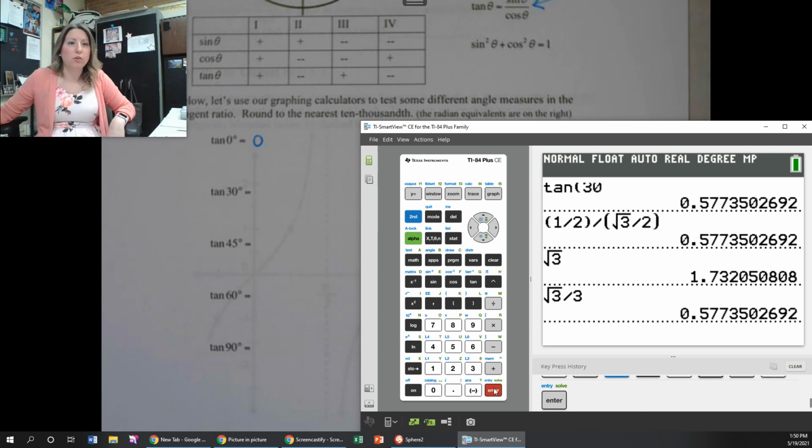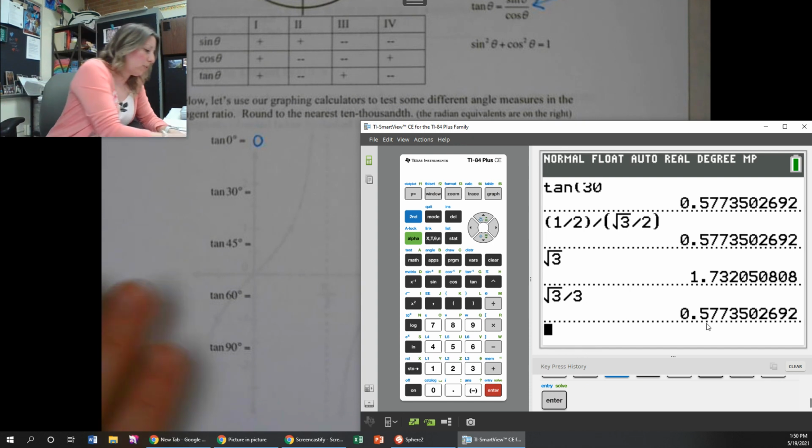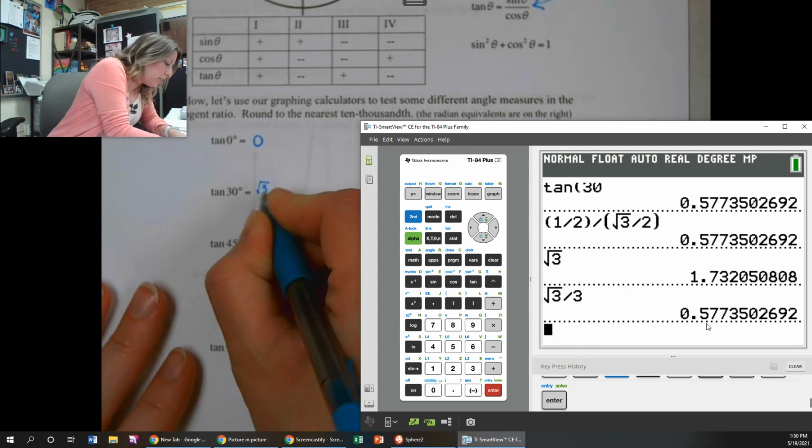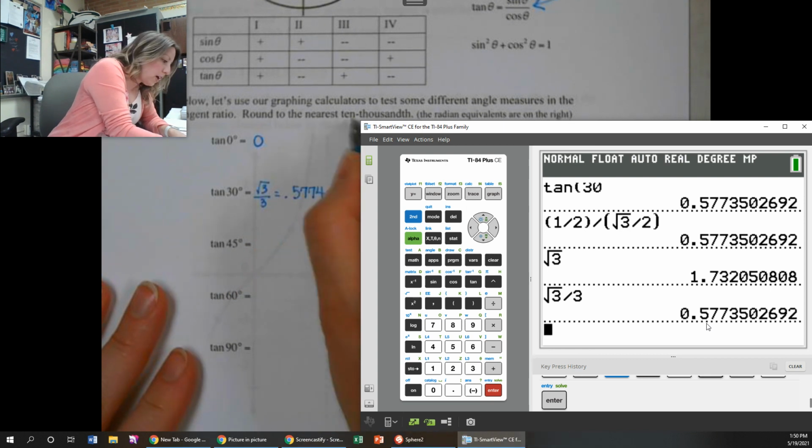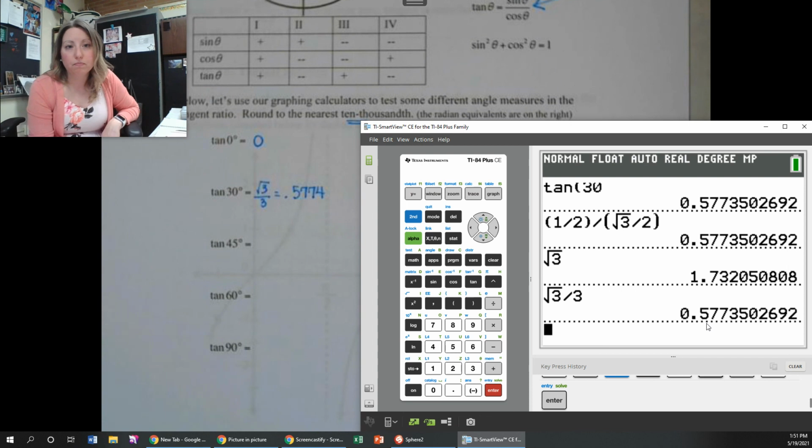We actually looked at that a while back, but now at least we know, and we'll write this down. We know what this equivalency is, and then we'll just put this in decimal form, rounded to the nearest 10,000th. That's 4 decimal places.